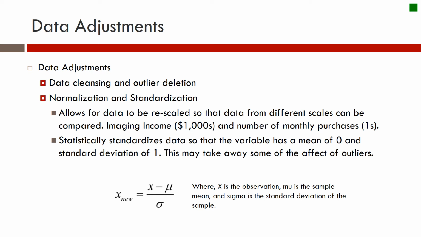So when we statistically standardize our data, we take the mean of our data. If it's been standardized, then we have a mean of 0 and we have a standard deviation of 1. Okay, so there's a simple standardization formula that can be used.